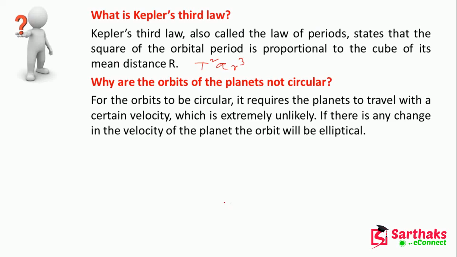Why are the orbits of planets not circular? Here it requires the planets to travel with a certain velocity, which is extremely unlikely if it were circular. So if there is any change in the velocity of the planet, the orbit will be elliptical. Okay, so here the elliptical is preferable.